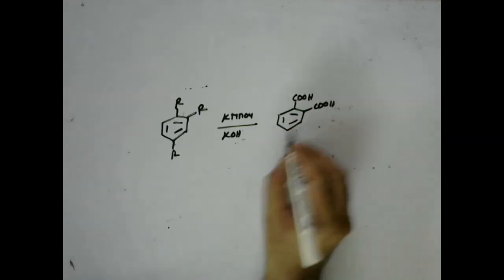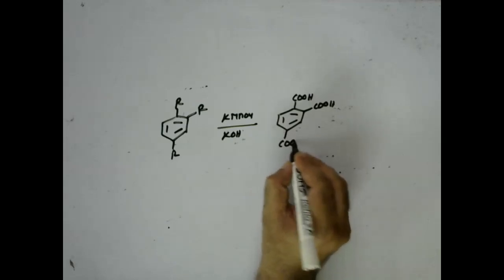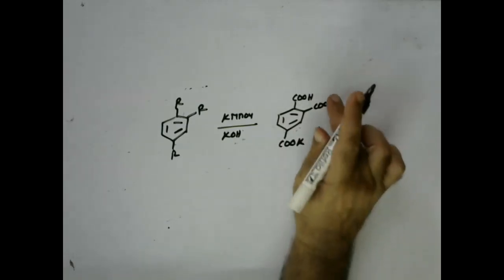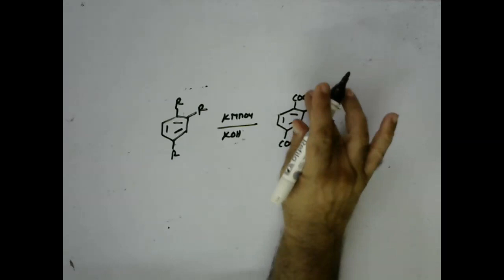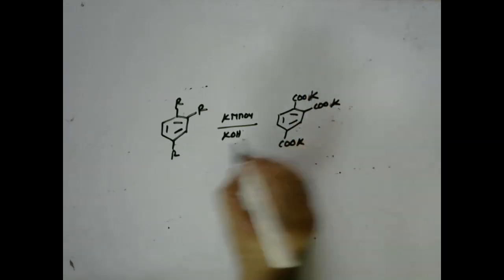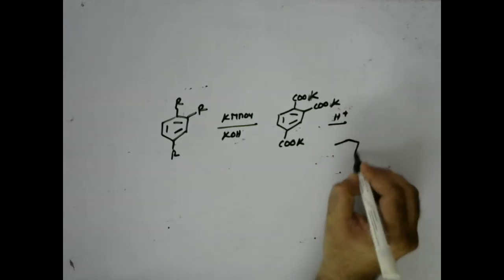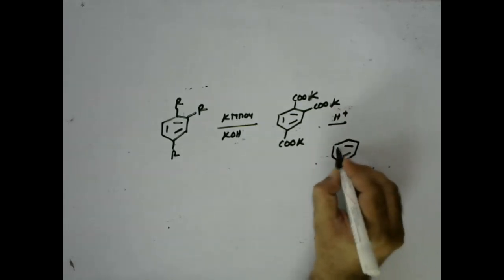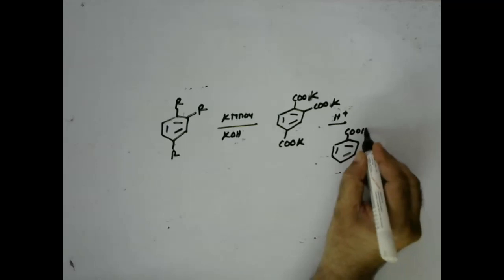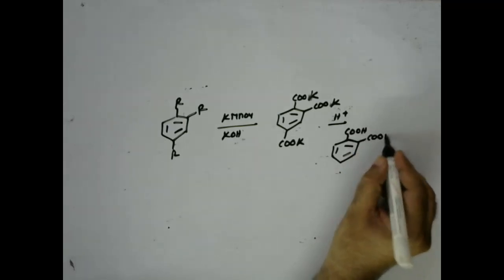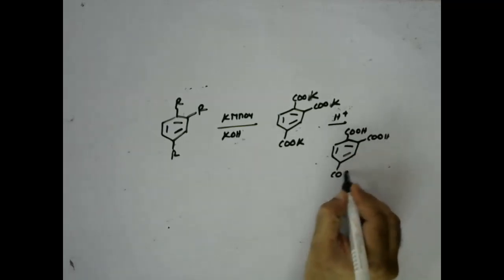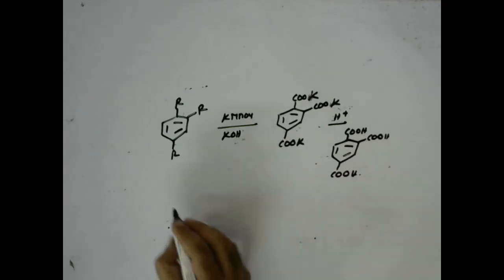Any alkyl group attached to the benzene ring will oxidize, and of course you are going to get a salt first, because you are working in the basic medium. Acid will react with the base immediately to form salt. It is only when you put H plus that it will give you the corresponding carboxylic acid.